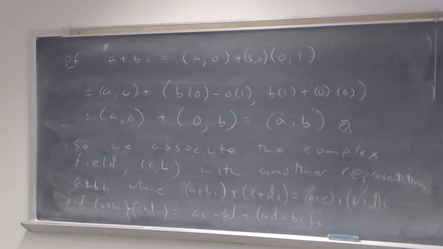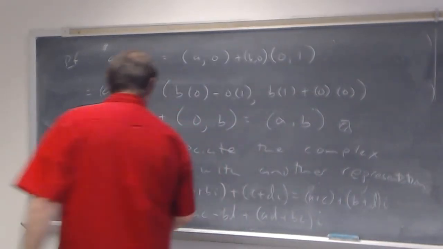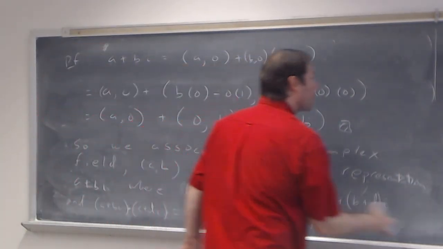That's what we had before. Okay? With the addition and multiplication with the A comma B representation.